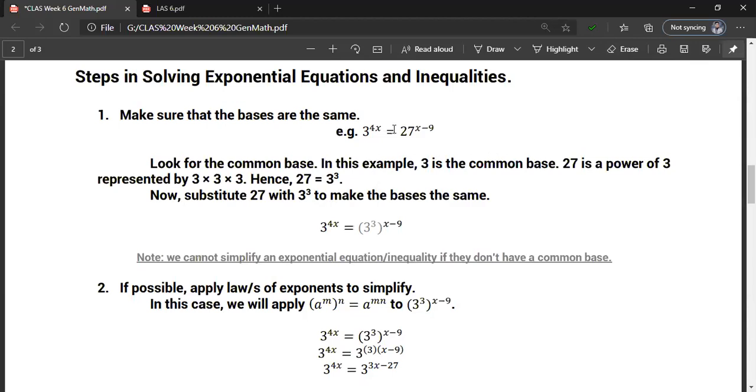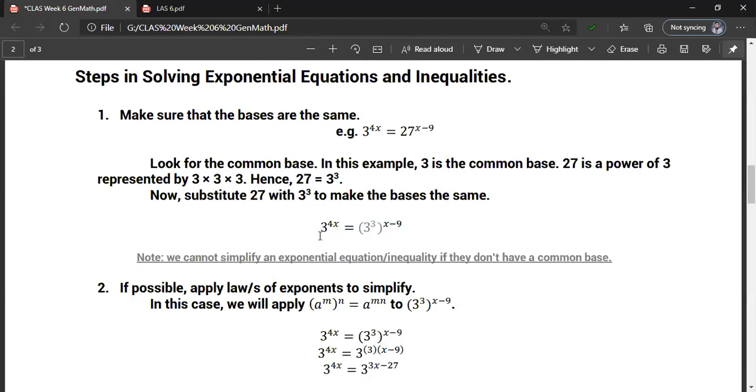So, 27 is equal to 3 raised to 3. Ngayon, para same na sila ng base, or ito yung tinatawag natin common base, kasi 3 nga ang common base, gagawin natin power of 3 yung 27, which is 3 raised to 3. Ngayon, kung mapapansin nyo dito sa example na to, wala ng 27, di ba? Kasi naging 3 raised to 3 na siya.